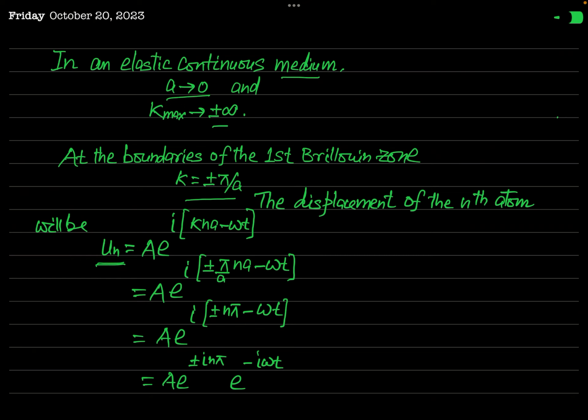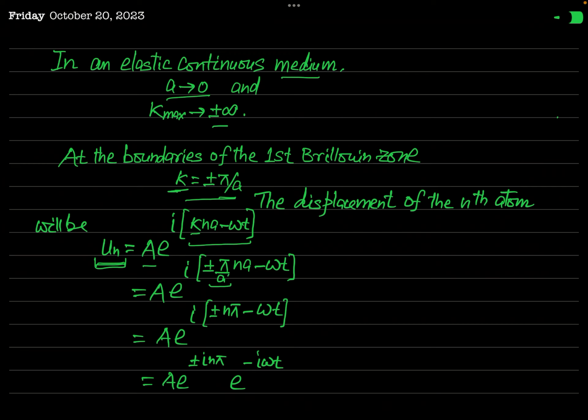For getting the value of un at the boundaries, we will simply replace k by plus minus pi over a in the expression for un. As you know, un is equal to A times e to the power i (kna minus omega t). So if your aim is to find this un at the boundaries of the first Brillouin zone, you will simply replace this k by plus minus pi over a.